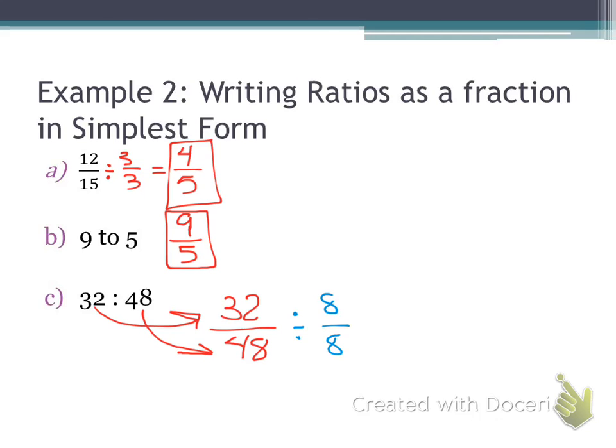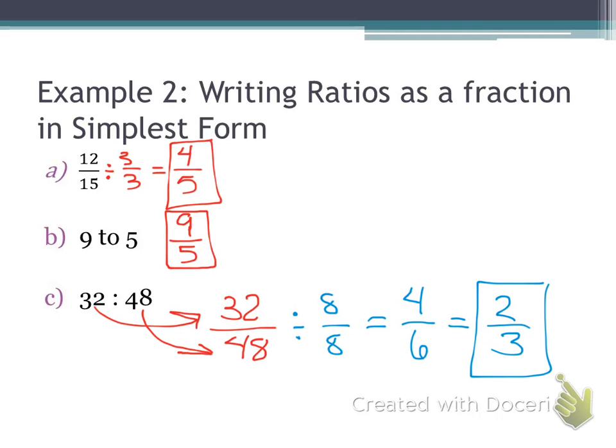So divide top and bottom by 8, and you get 4 over 6. And then, obviously, you can reduce that again, and you can get 2/3. Okay? Writing ratios as fractions in simplest form. This is just like your homework, numbers 16 through 22 tonight. Numbers 16 through 22. And notice, too, that I did make a small change to your homework. It's 2 through 22 even, not 2 through 26 even.